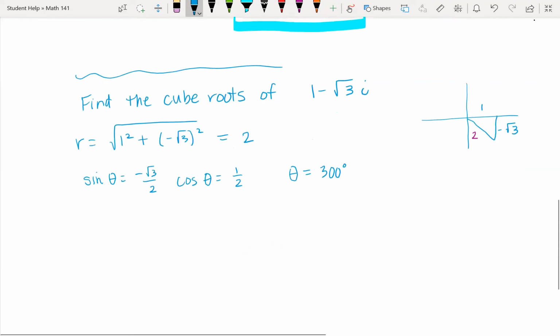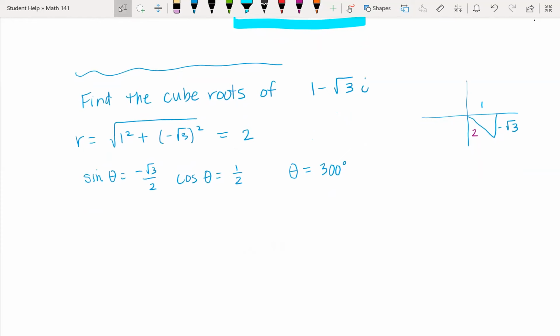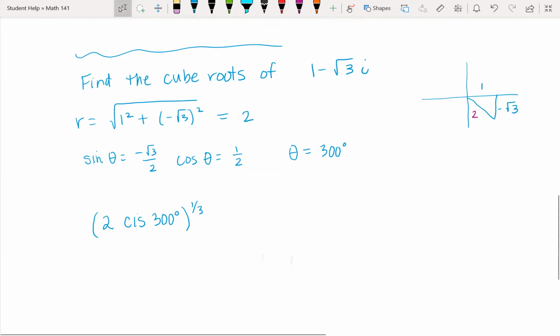So what we're trying to find instead is 2 cis 300. This is the trig form of the complex number that I had to start, and I'm raising it to the 1/3 power. That's to find the cube roots.